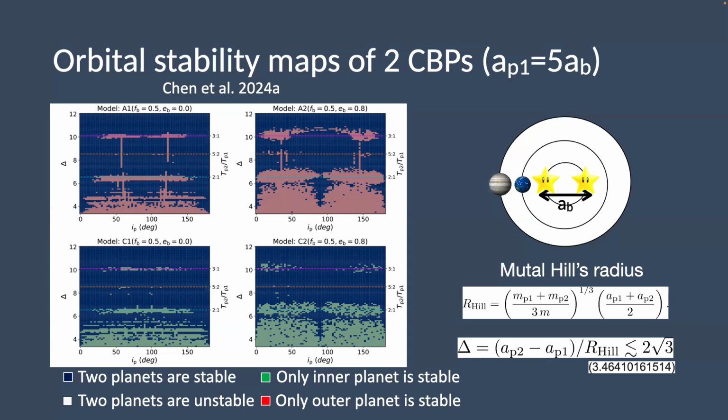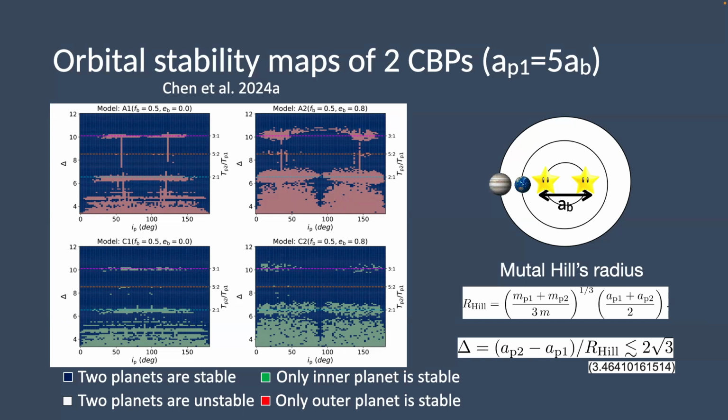So we start our simulation around this value and vary delta from this value, and we vary the inclination to the binary from 0 to 180 degrees. In this plot, you can see that if the planets have mutual Hill radii above this value, then if it is coplanar or retrograde, they are quite stable.